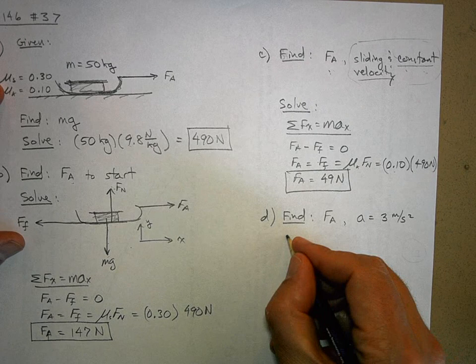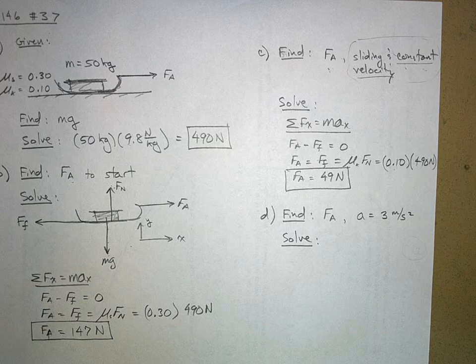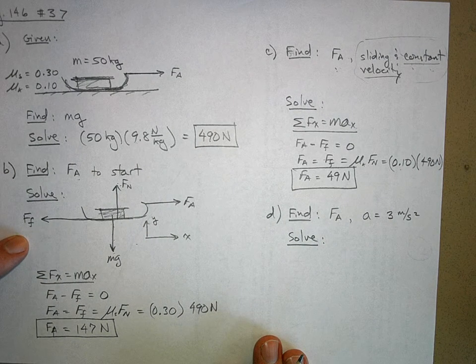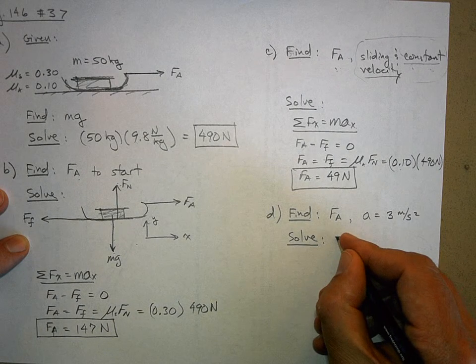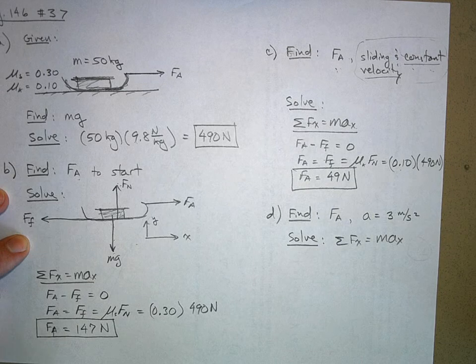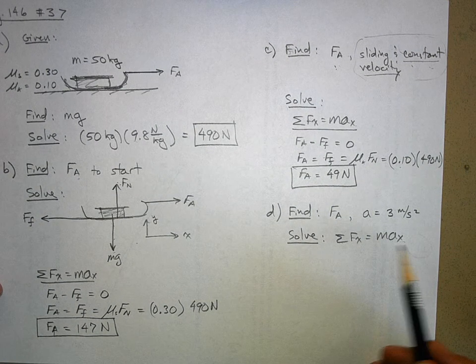Now let's solve this part. I don't need to redraw the free body diagram. It's the same free body diagram for all the problems. So if I sum the forces in the x direction equals ma in the x direction. Now what are the forces in the x direction?